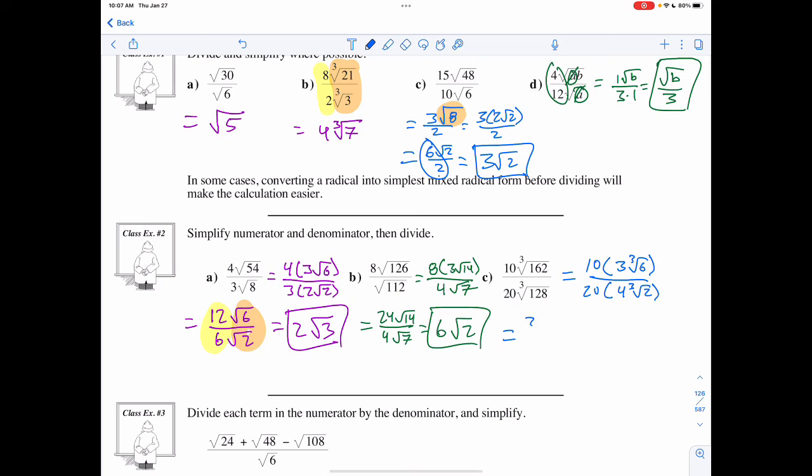This is going to give me 30 cube root of 6 over 80 and the cube root of 2. 30 over 80 just can get reduced down to 3 over 8. And the cube root of 6 divided by the cube root of 2 leaves me with the cube root of 3. And there is my final answer.